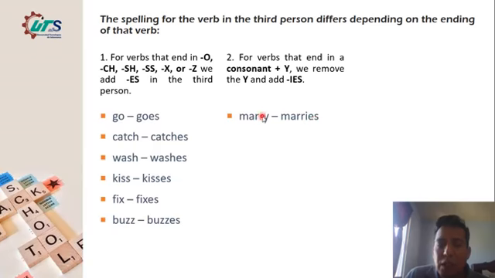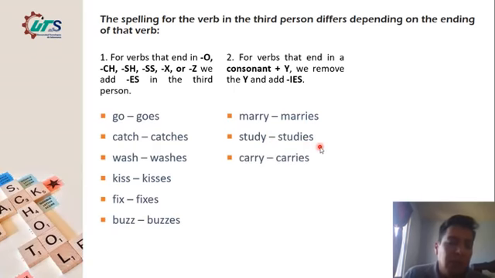Marries. Okay, consonant and y. Another example, study: consonant and y. Studies. Remove the y and add ies. Another example, carry: consonant and y. Carries. Okay. Worry: consonant and y. Worries.